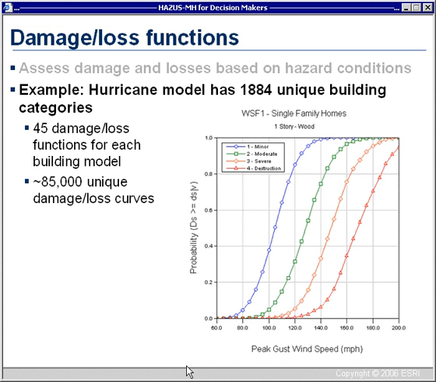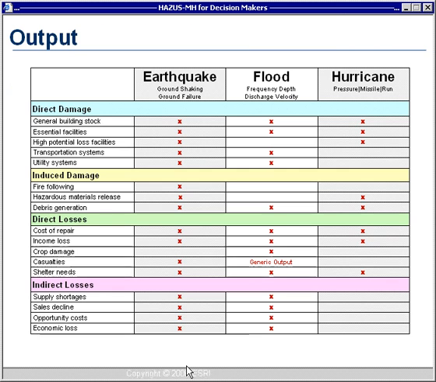Consider that that model looks at 1,884 unique types of buildings, and for each category of building, there are 45 damage and loss functions, and that brings us to a total of approximately 85,000 unique damage and loss curves for that model. Needless to say, this is a scientific approach, and it looks at what is going on in an area, the hazard that is impacting that area, and what's going to happen as a result of that hazard.